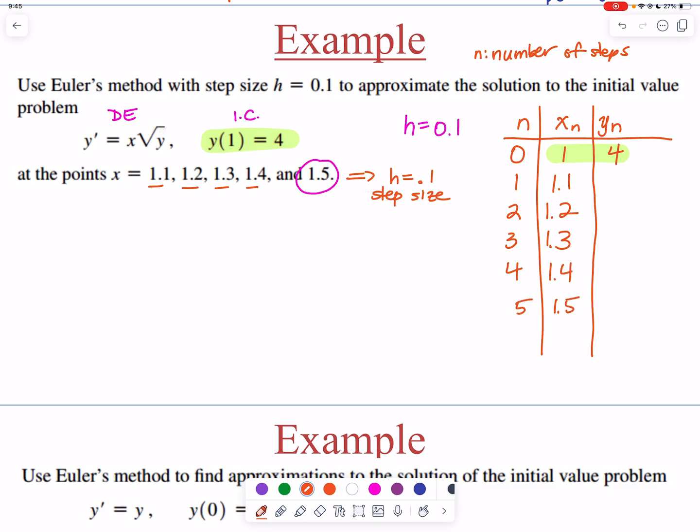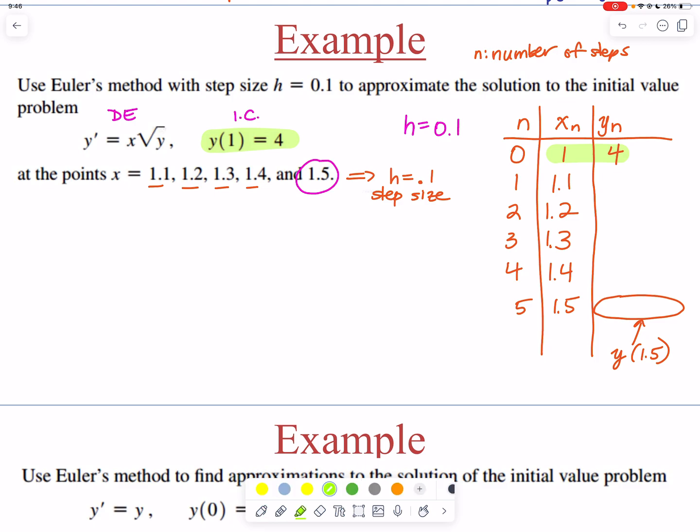Okay, and this is what we're looking for here. This is y of 1.5. This is our approximate solution at x equal to 1.5. Okay, so what do you notice here?